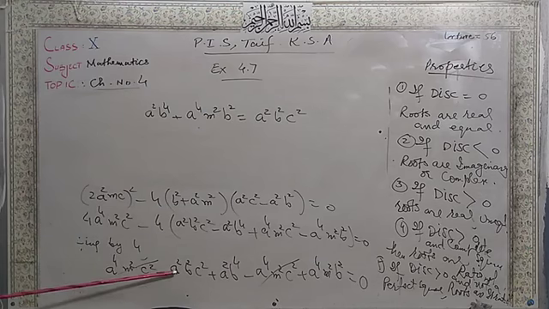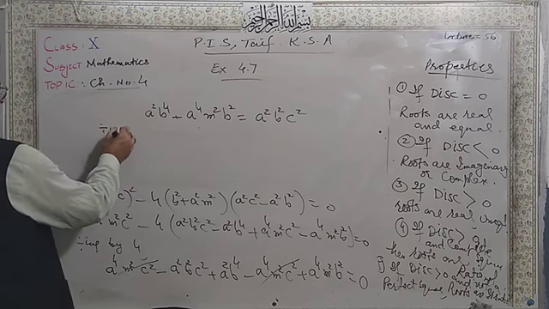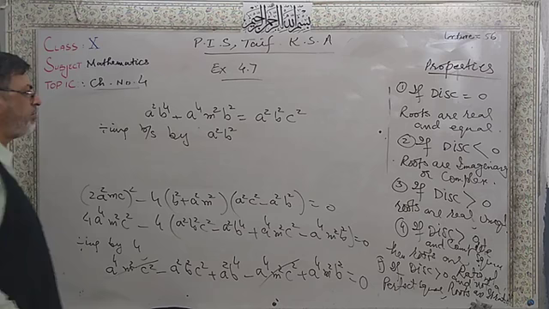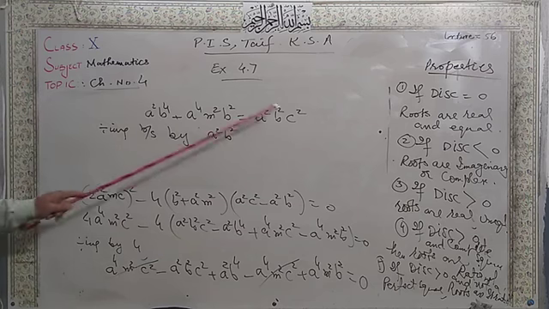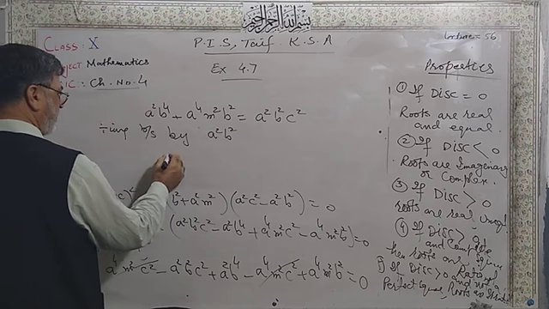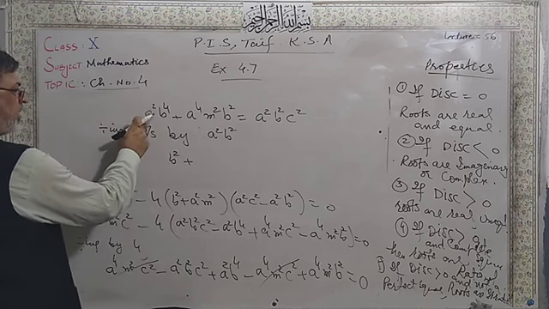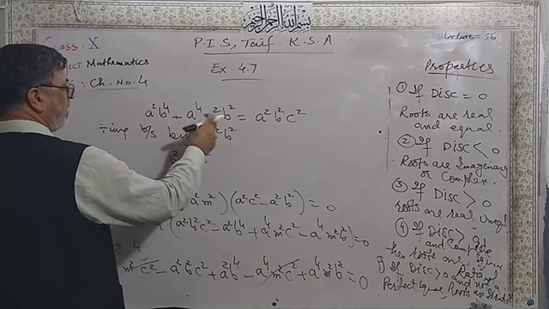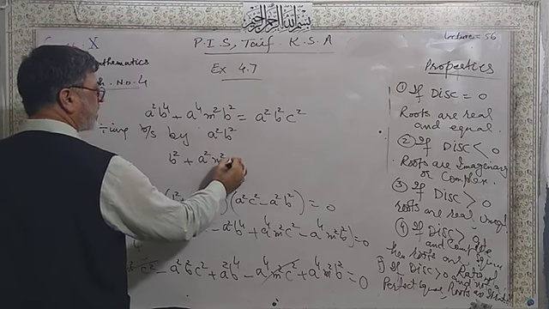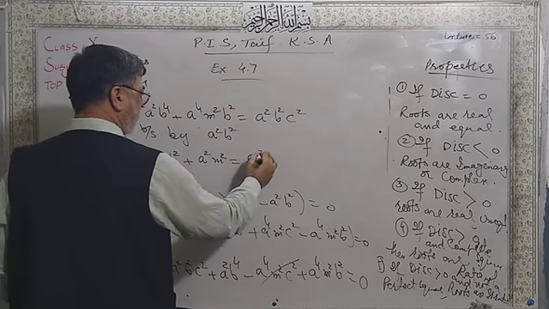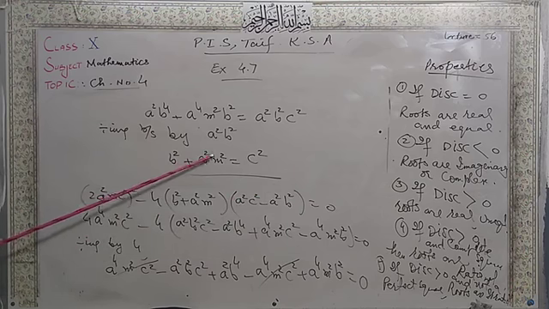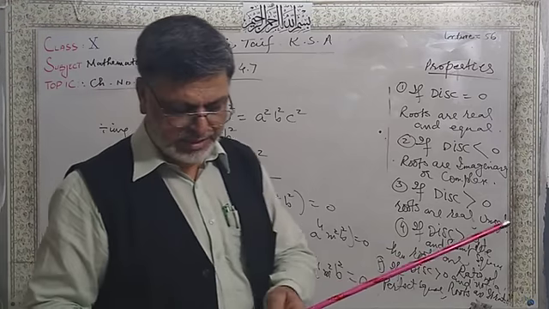I have shifted this negative term on right hand side, dividing both sides by a square b square because a square b squares are involved in all terms. What left here? b square, a square cancelled out, then a square and b square cancelled out, a square m square, then a square b square are cancelled out, c square. Dear students, that was your condition. a square m square plus b square was equal to c square.